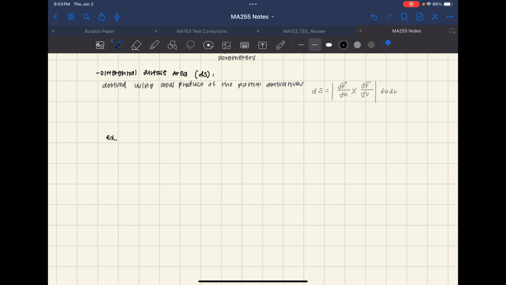Starting with this surface integral, we're given x is equal to u cosine v, y is equal to u sine v, and z is equal to v.